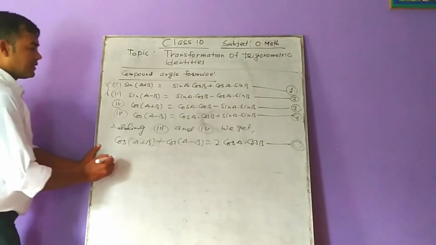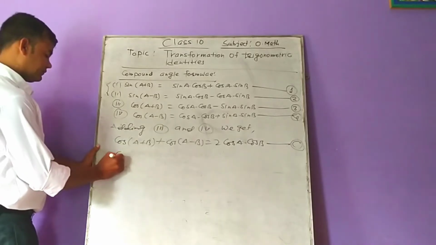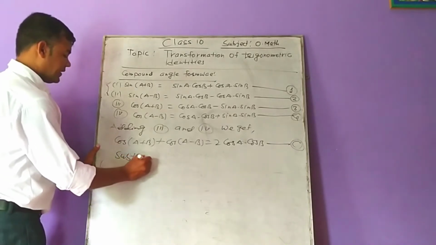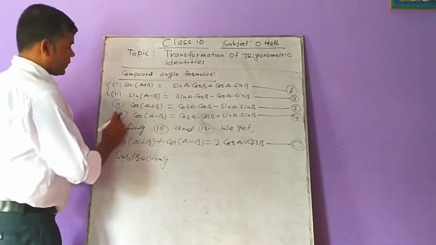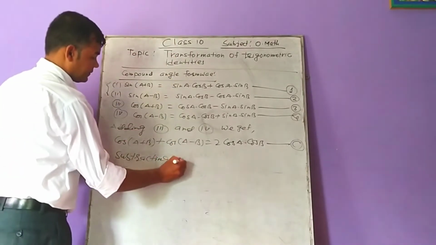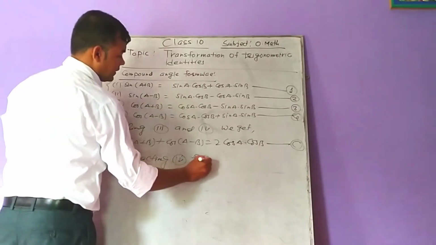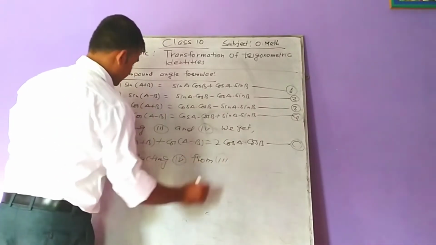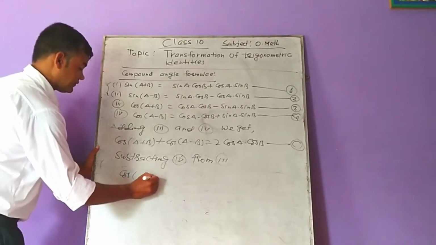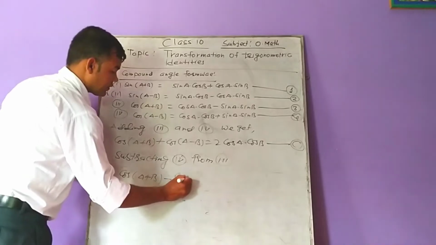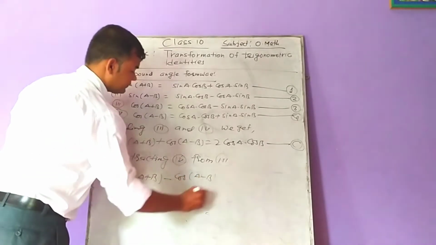In the same way, if we subtract 4 from 3, what we get? Cos(A+B) minus cos(A−B).